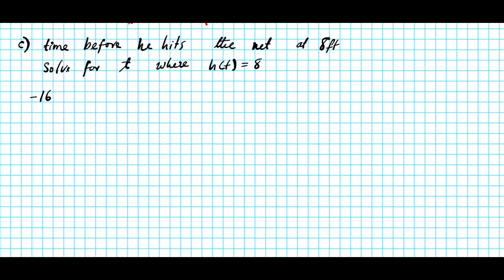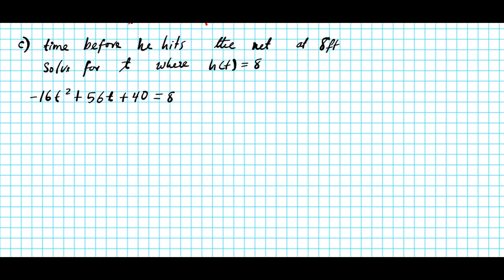We have negative 16t squared plus 56t plus 40, that is our function. We want to find a t value that makes it equal to 8. Now to solve this quadratic equation, first step is to put it in standard form.